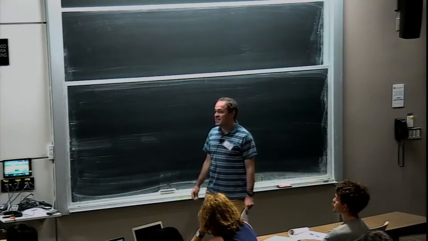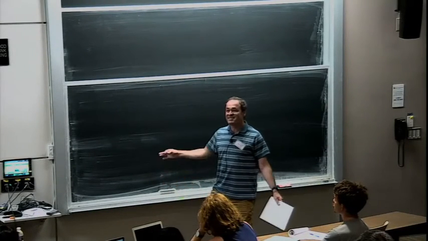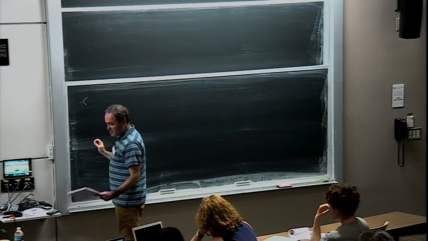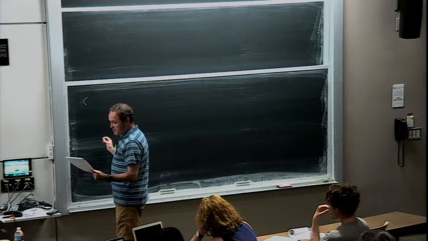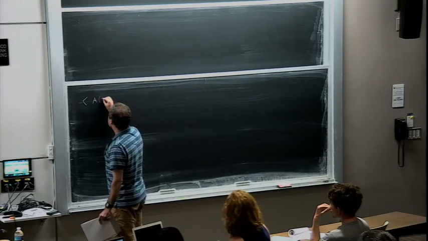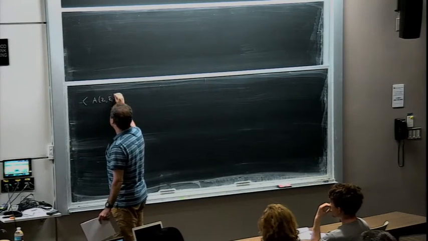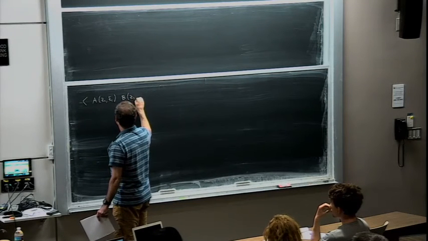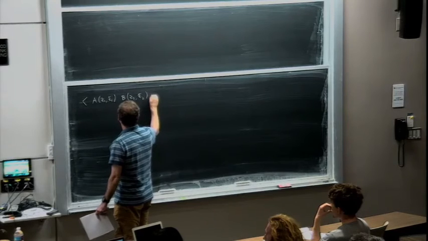Some people just say maybe it's just a convenient language of calling these objects operators. And so these operators will have correlation functions. For example, some operator A, which sits at the position z1, so it depends on z1, z1 bar, B at the position z2, z2 bar, and so on.